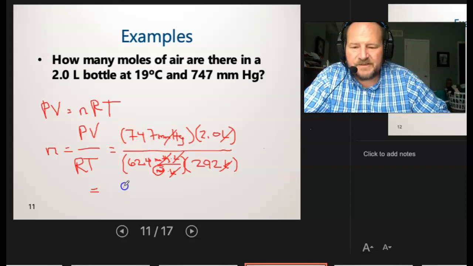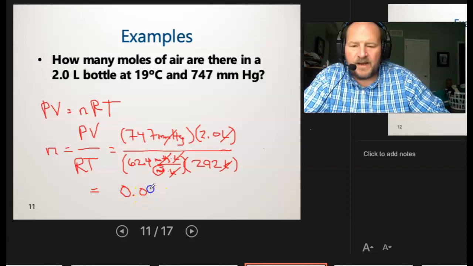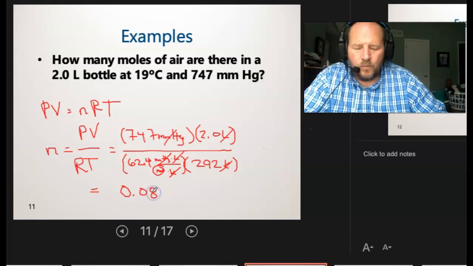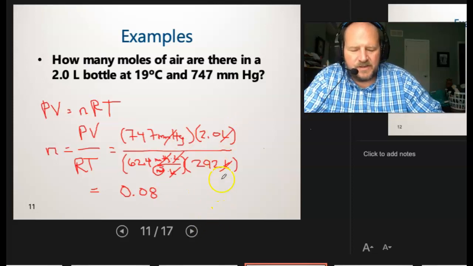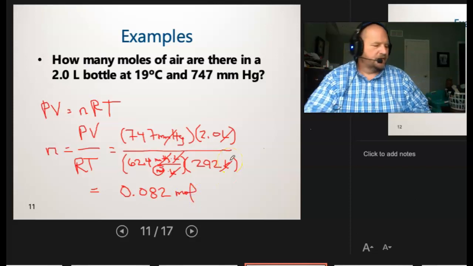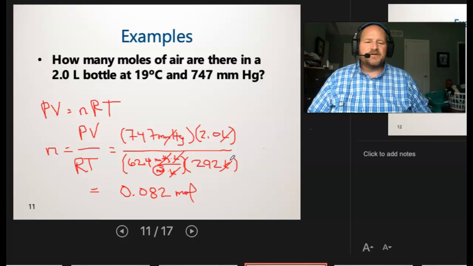And that gives us 0.0819942. How many sig figs do we get? Two, all right, 2.0. And so that's going to be 8.2. And the unit, of course, will be mole. All right. Good to go, I hope.